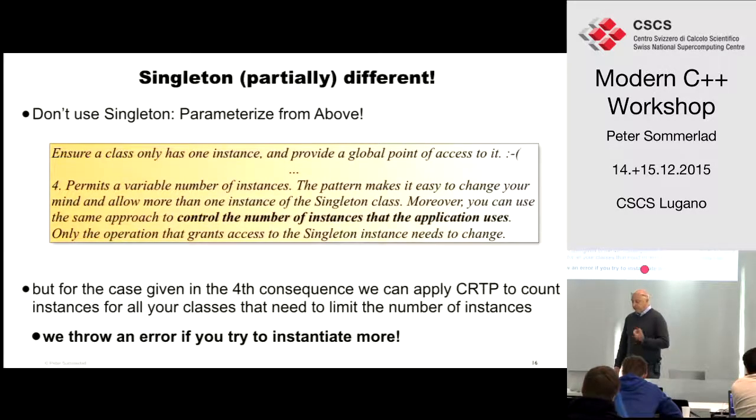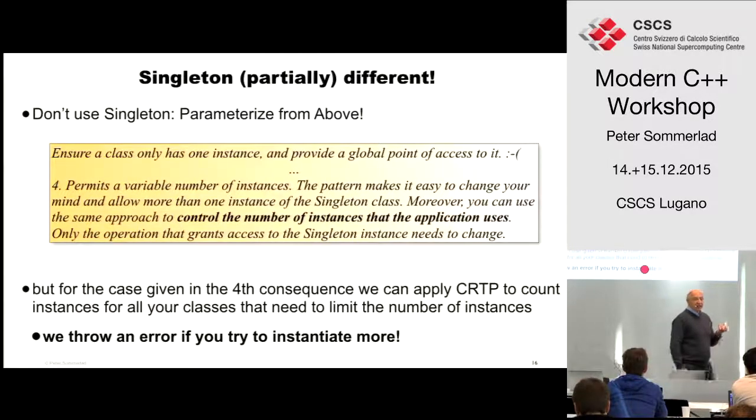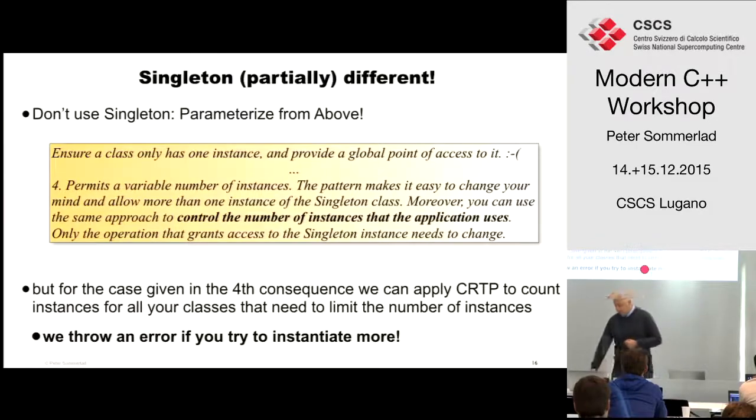And even without global access, you can provide such resource limitation. And whenever I want to create another object of that resource, instead of the classical singleton approach, I will throw from the constructor to avoid instantiating another object beyond the number of allowed objects.